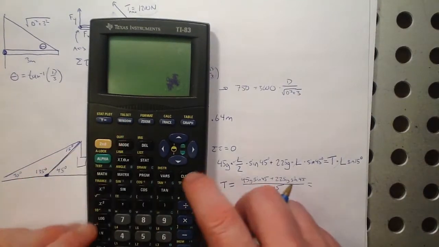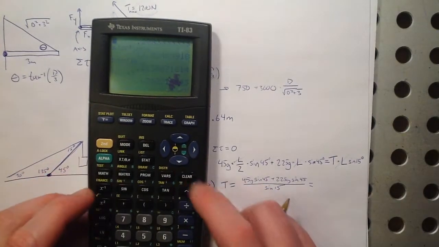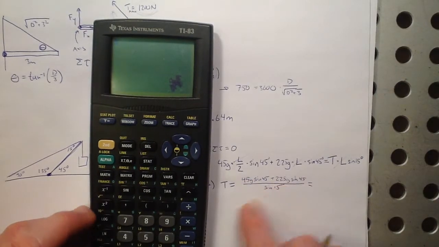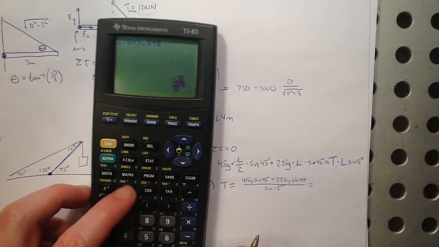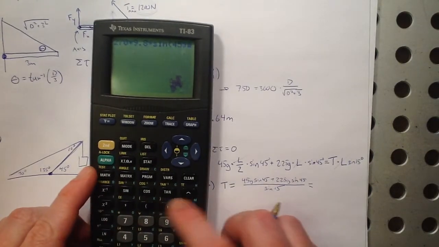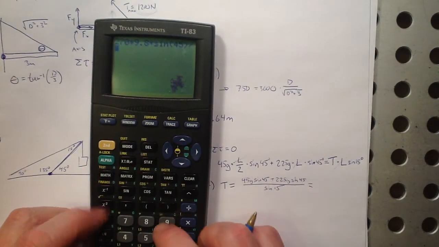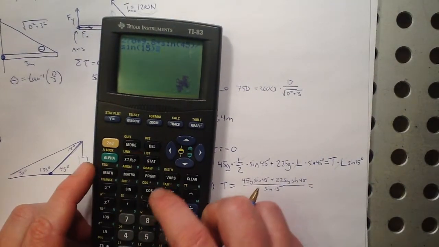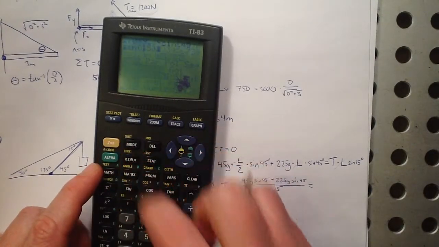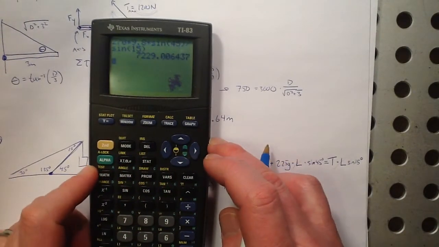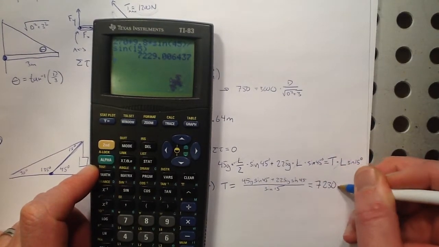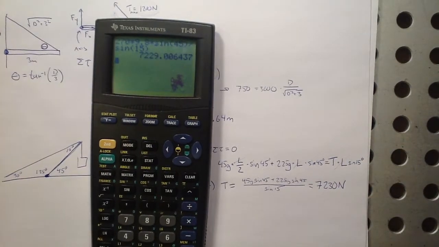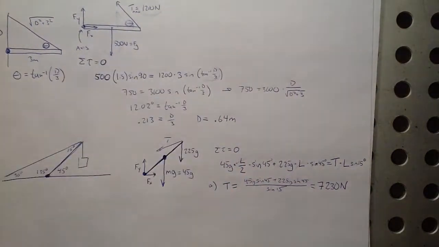So I have 45 plus 225, that's 270, times 9.8 times sine of 45 over sine 15. Before I enter there, just going to make sure I'm in degree mode. I am. So that's about 7,230 newtons. That's how much tension there needs to be in that cable there.